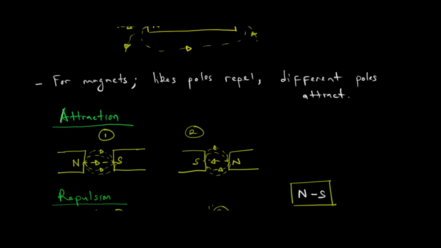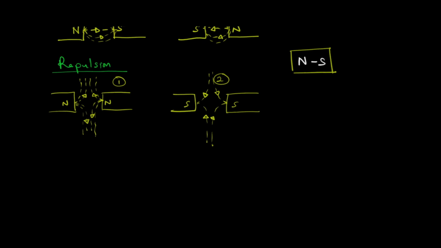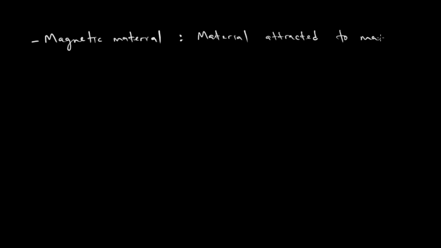So we have to understand before we move any further that we have what are called magnetic material. Saka here we are talking about material attracted to magnets. Material attracted to magnets.